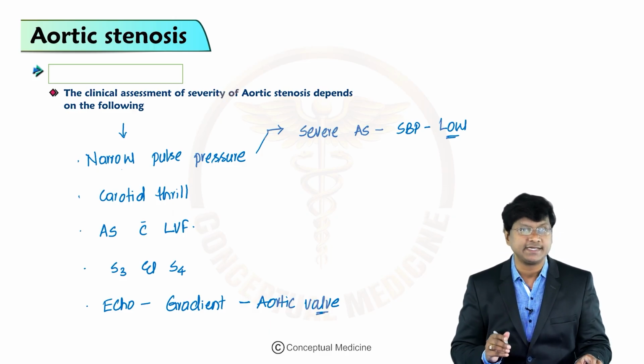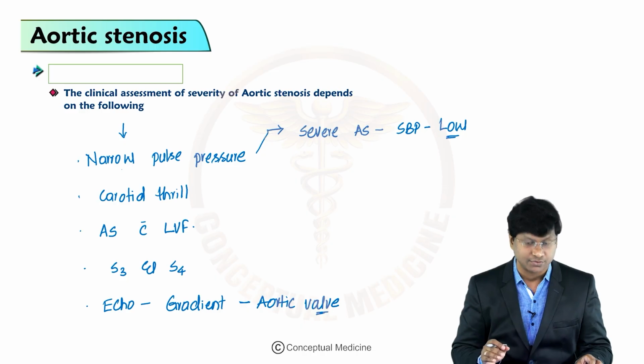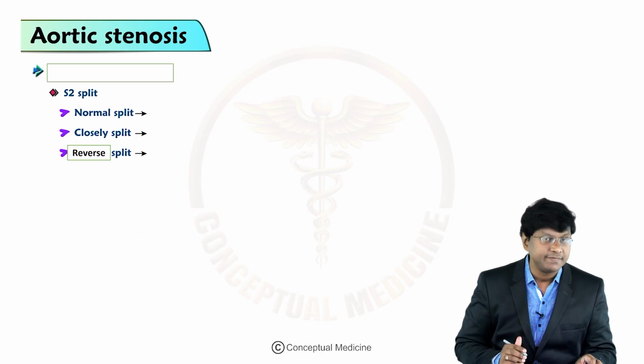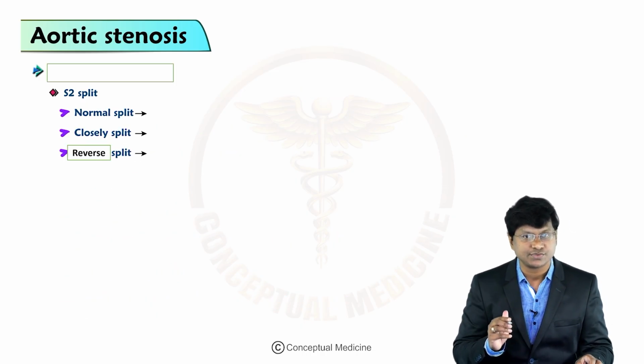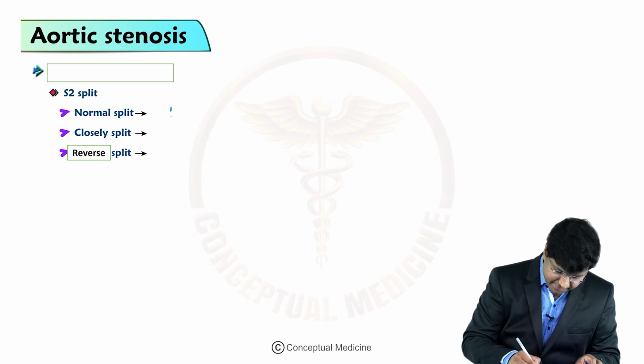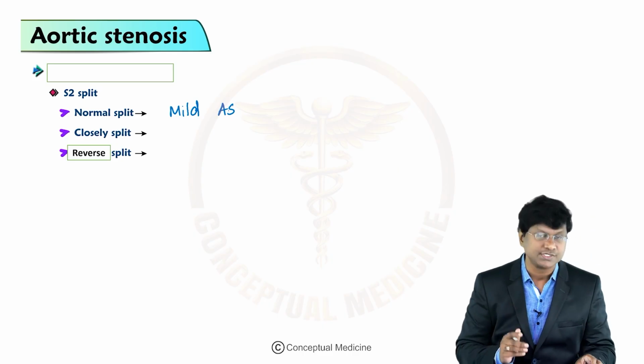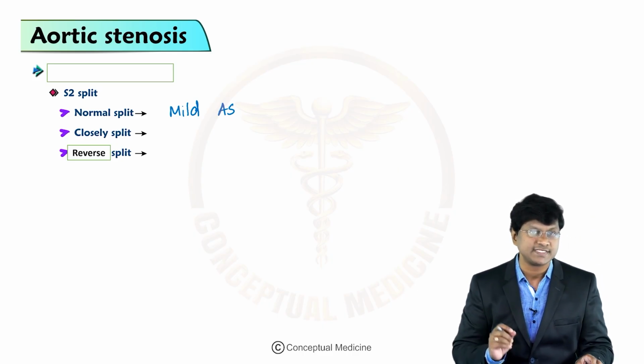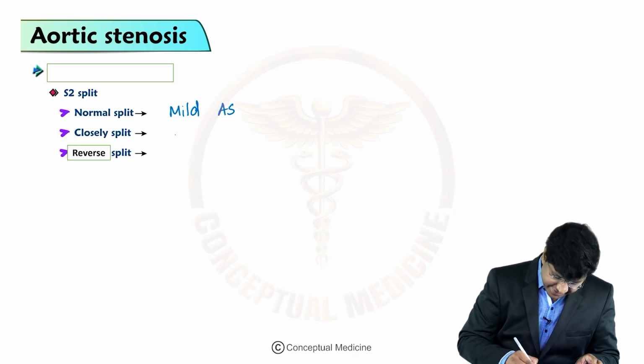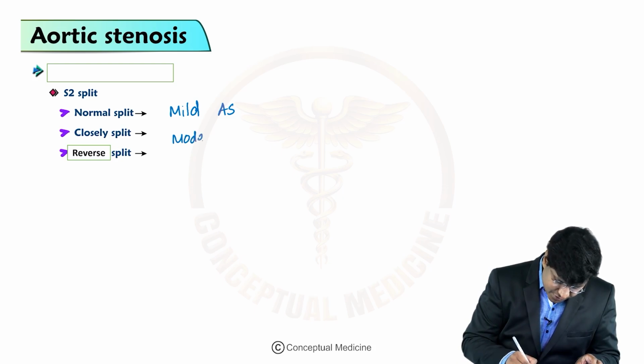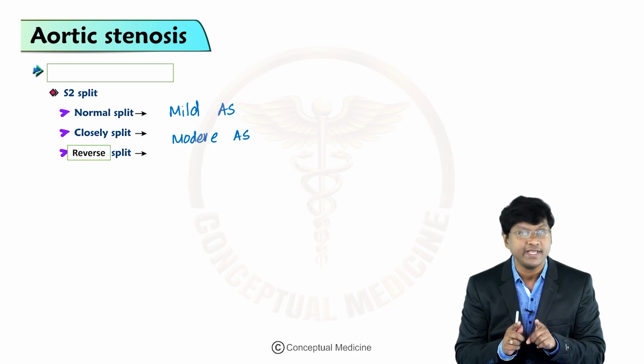Then followed by that, even your second heart sound. See, in an individual with mild aortic stenosis, you will have a normal split of the second heart sound. Whereas in case of moderate aortic stenosis, the split becomes narrowed. Why?